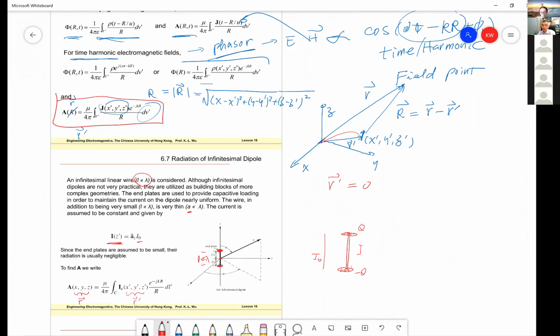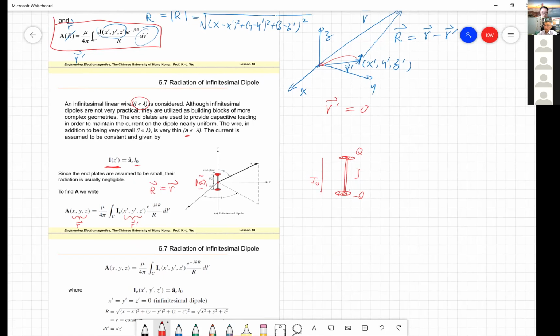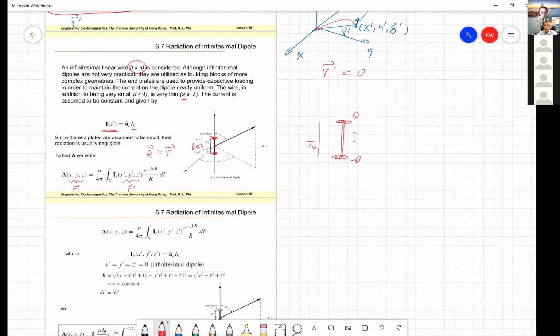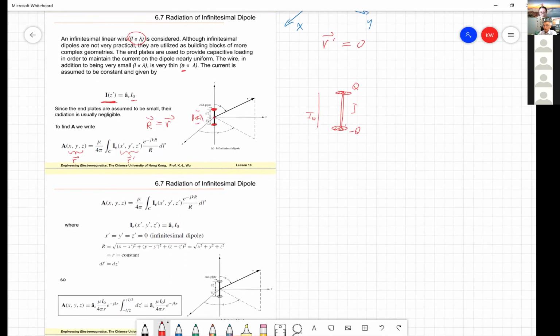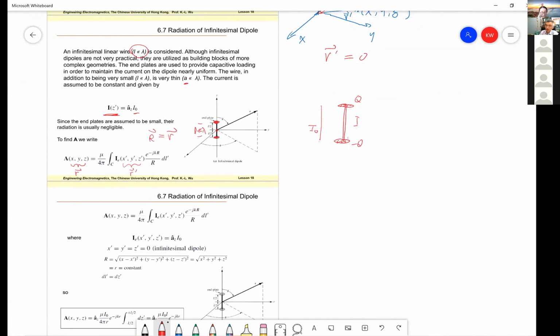Because I put it at the center, R in this case, capital R, is equal to small r, right? Because this is 0, so this equals R.